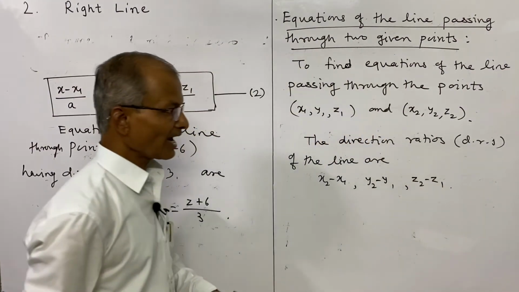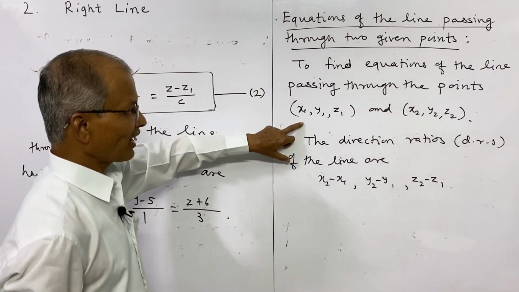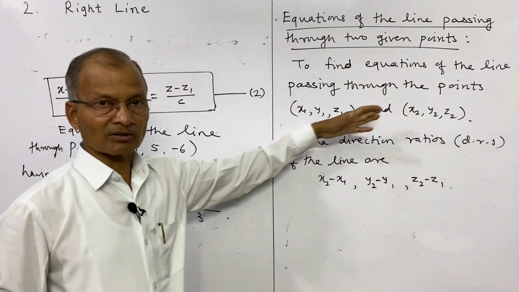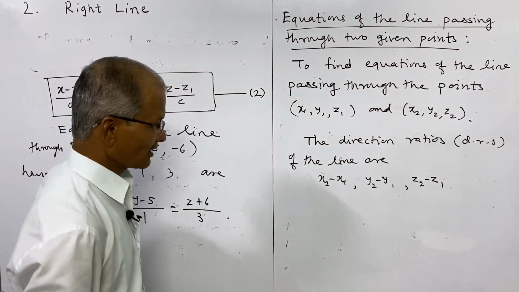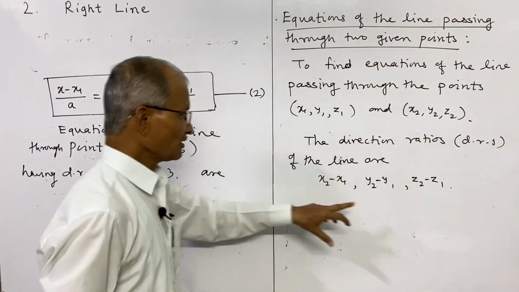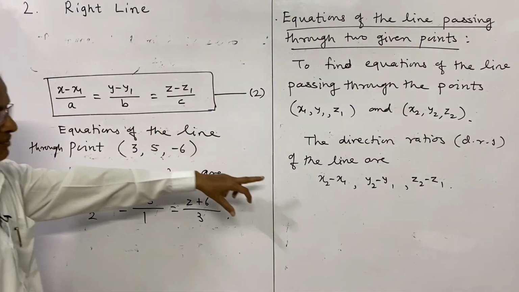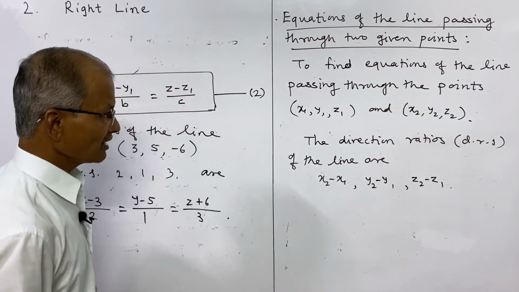So once the DRS are known, now we can use the earlier result. The line passes through the first point or the second can also be taken. So this point and having this DRS, these are the values of A, B, C. So in place of A, B, C, we simply write x2 minus x1, y2 minus y1 and z2 minus z1.